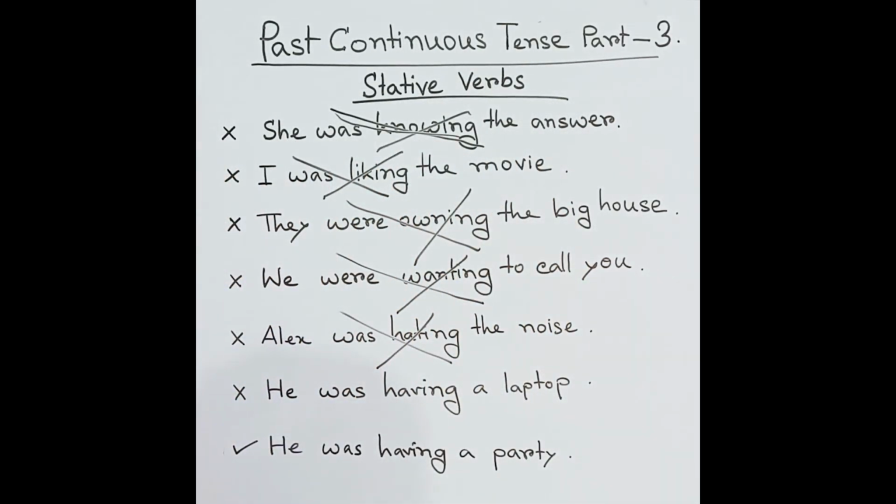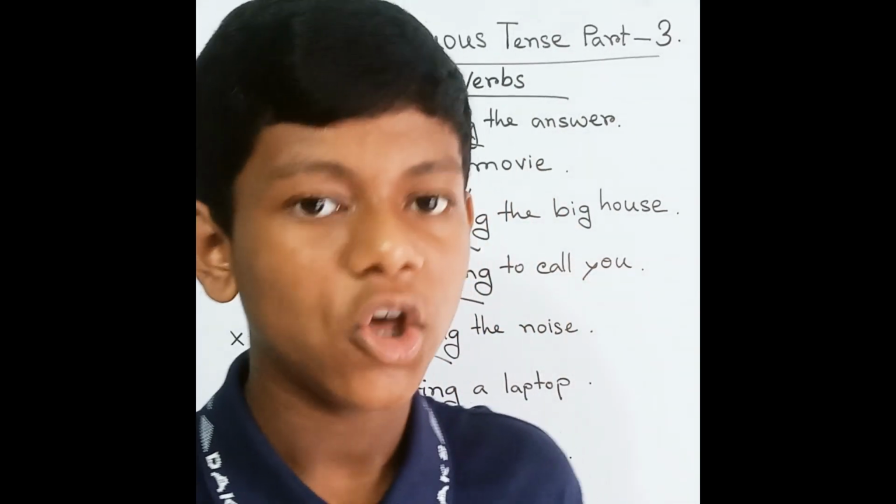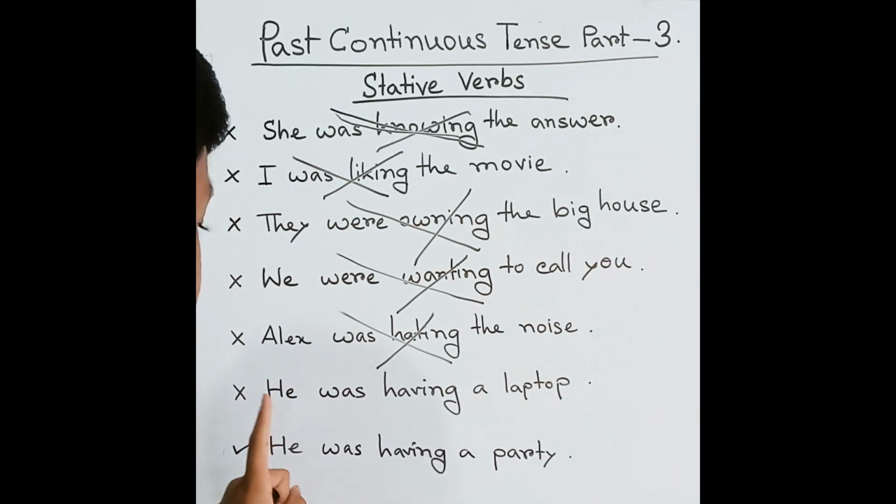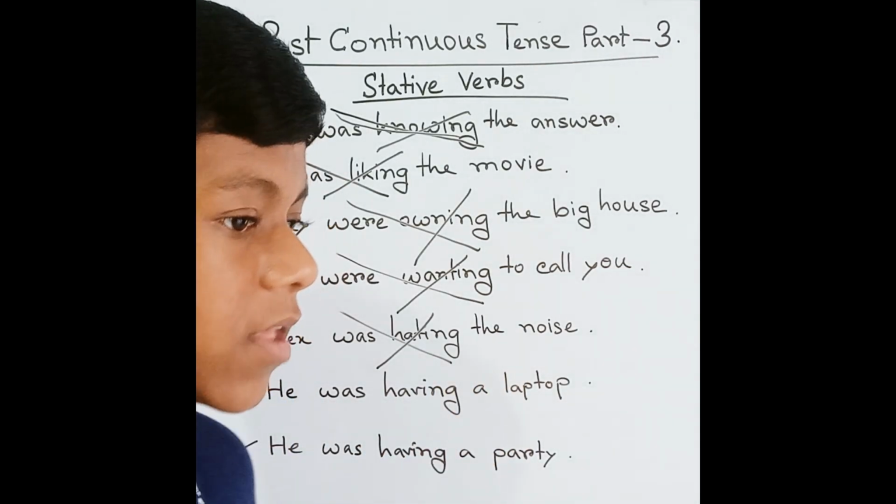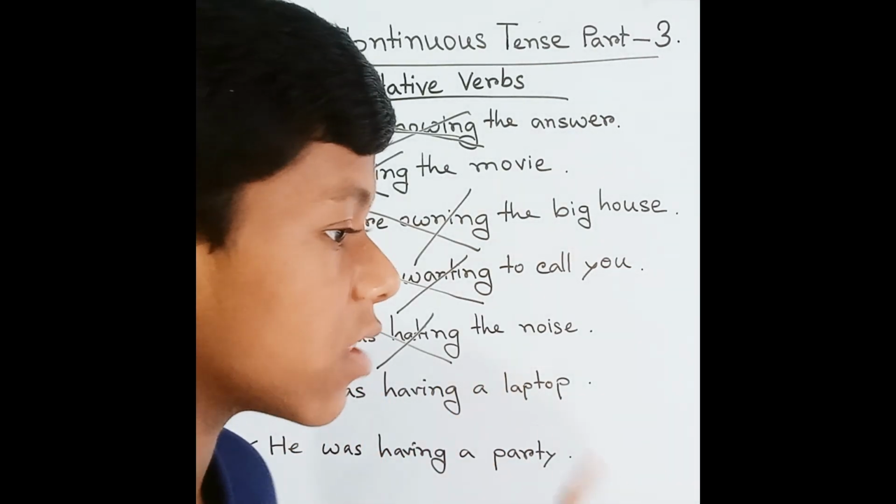So let's see an example here. Our verb is to have. Here we can see "he was having a laptop." Having a laptop indicates that it's a thing, something you have.